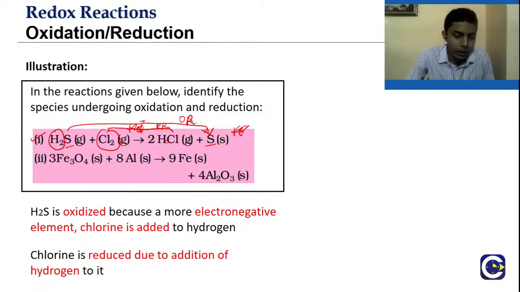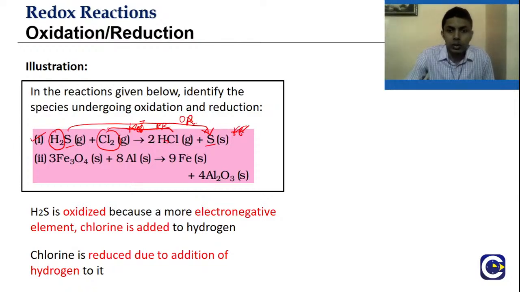Quickly reply. Quite easy, right? What is getting reduced?